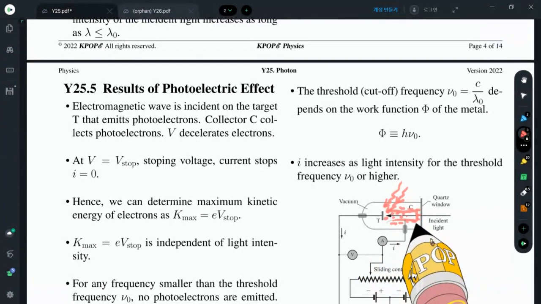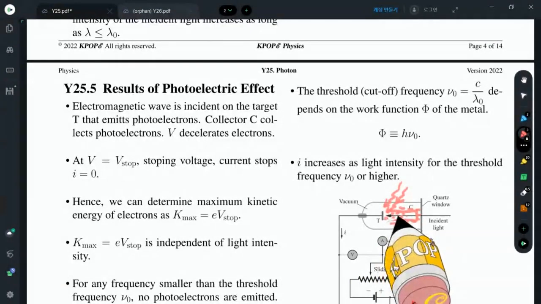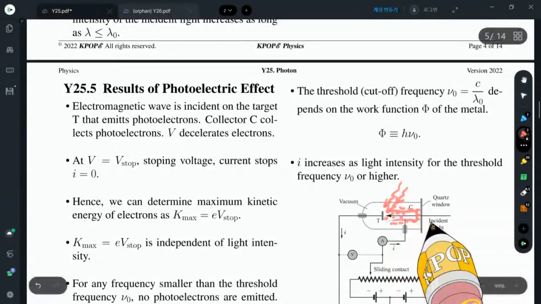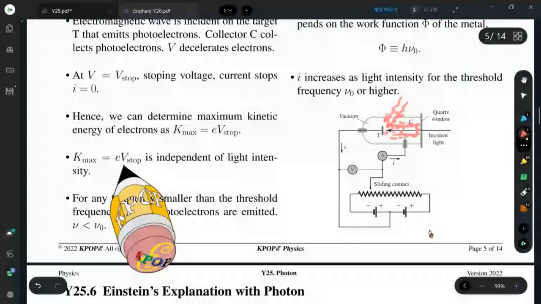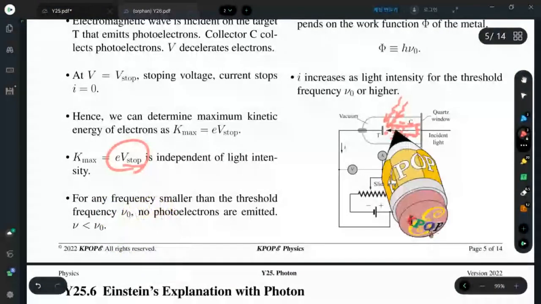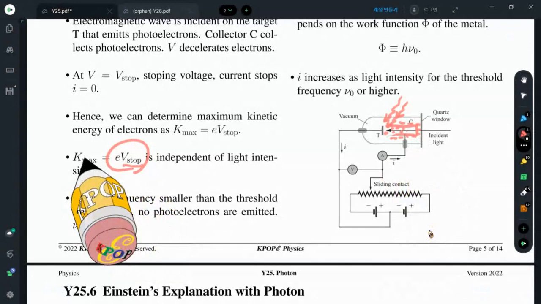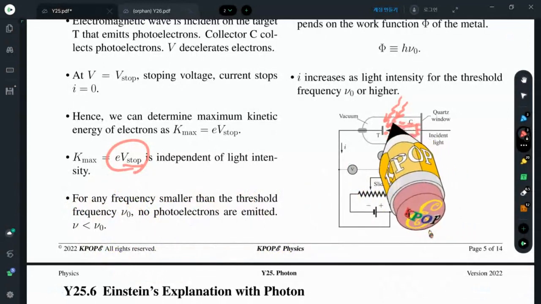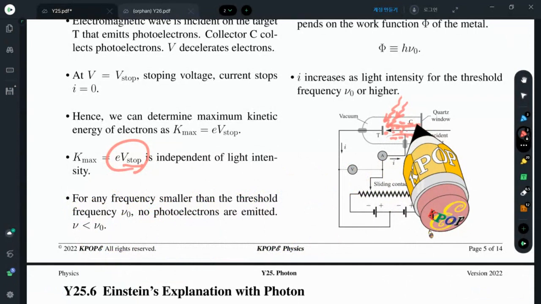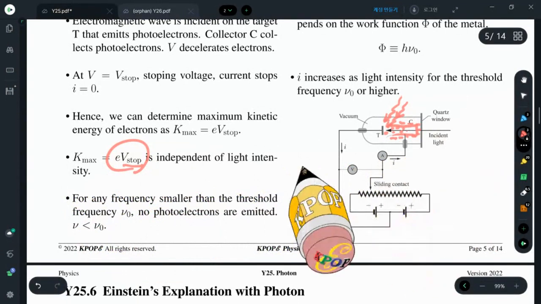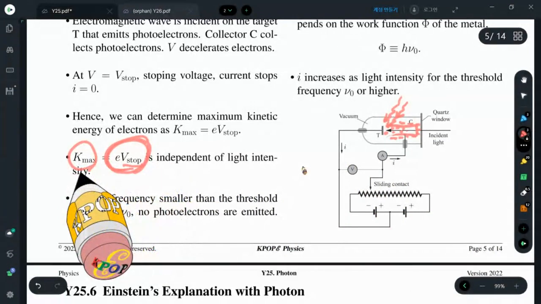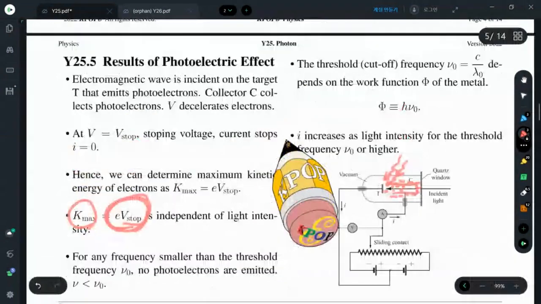But if we increase the potential, electrons stop accumulating on the surface. That is called V-stop. By applying a potential difference, we can stop collecting the photoelectrons at the collector. So this V-stop determines the maximum value of the kinetic energy of the photoelectrons.